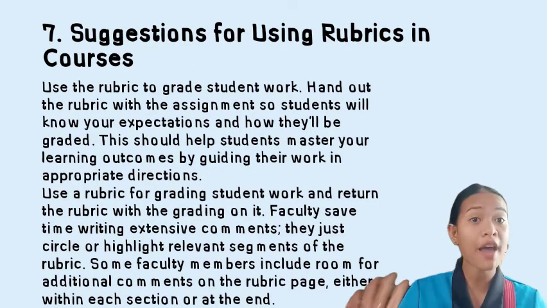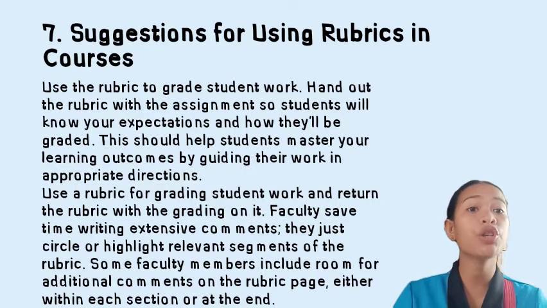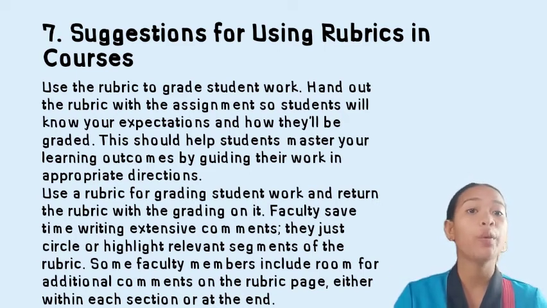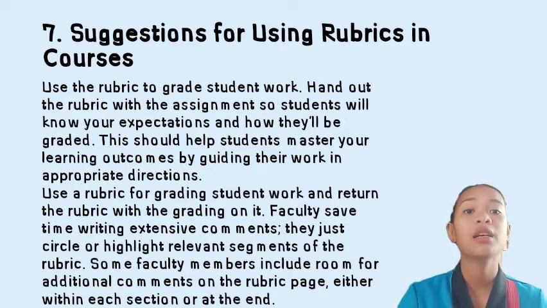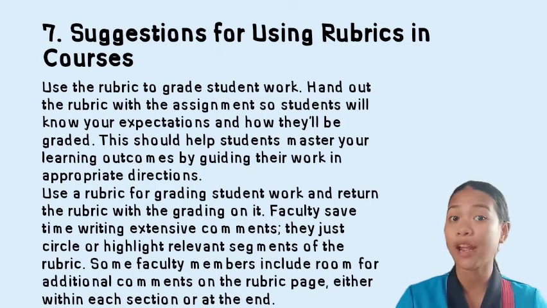And number 7, suggestions for using rubrics in courses. Use the rubric to grade students' work. Hand out the rubric with the assignment. The students will know your expectations and how they'll be graded. This should help students master your learning outcomes by guiding their work in the appropriate direction.